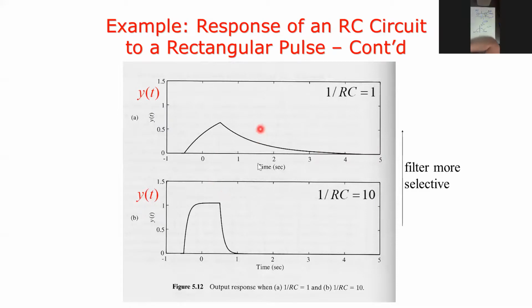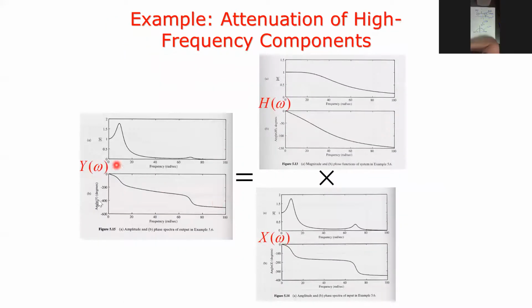But as you can see, for the more strict low pass filter, the rect function nearly disappears. However, here it still exists. We still see the rect function, but as you can see, no sharp edges exist because you get rid of the high frequency component. Now, this is the frequency domain.